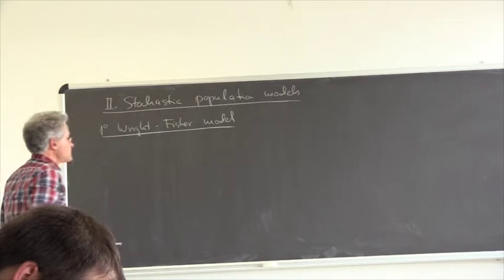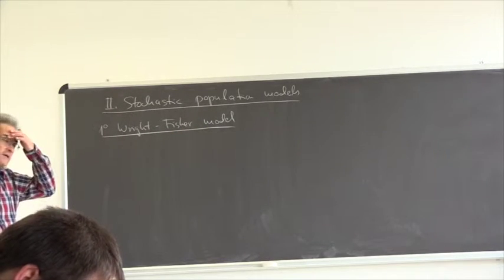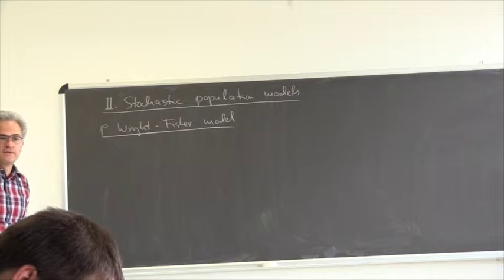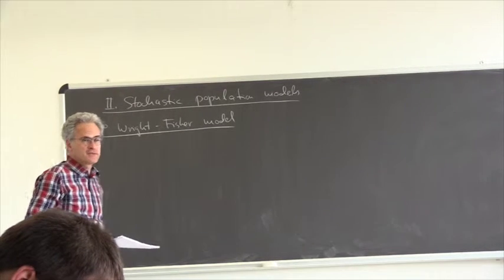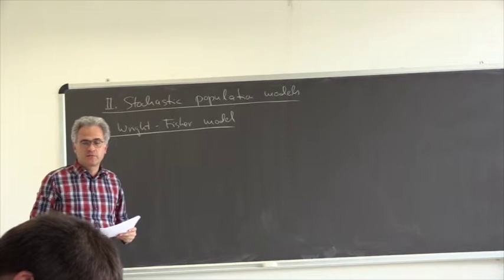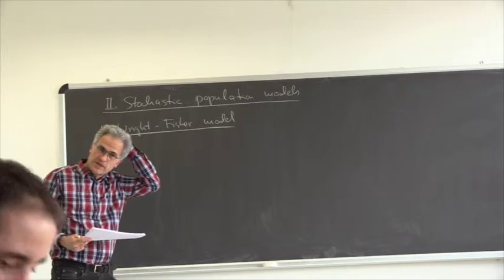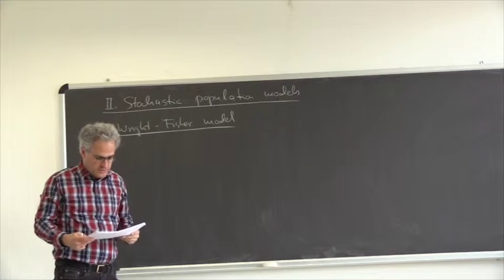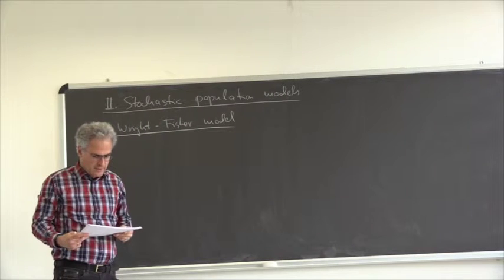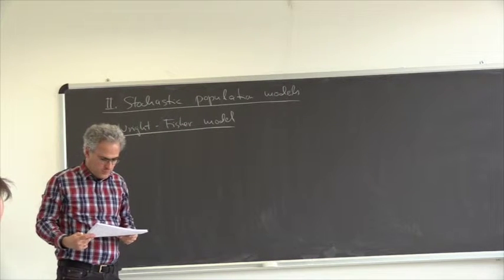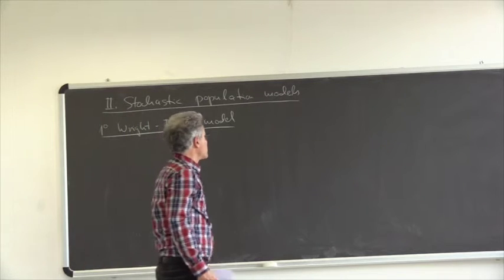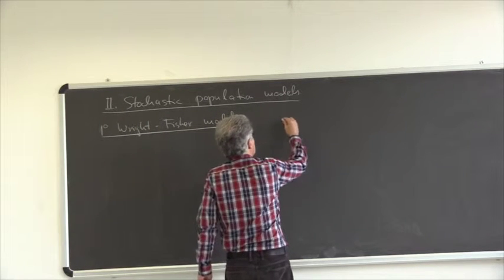And so the idea is that we want to study the change of type frequencies in a population, similar to what we did on Wednesday, but now we want to do it in a stochastic setting. So we want to have a stochastic model which works at fixed population size. And so in the Wright-Fisher model, the picture is the following.